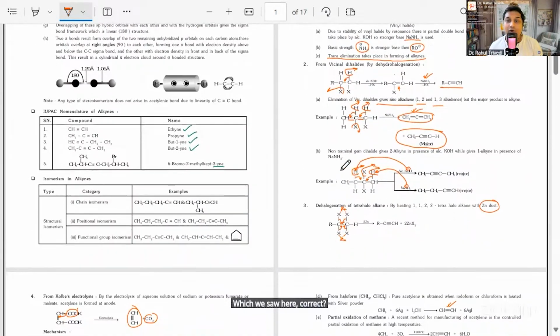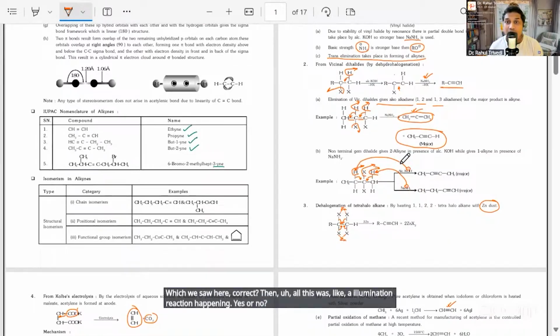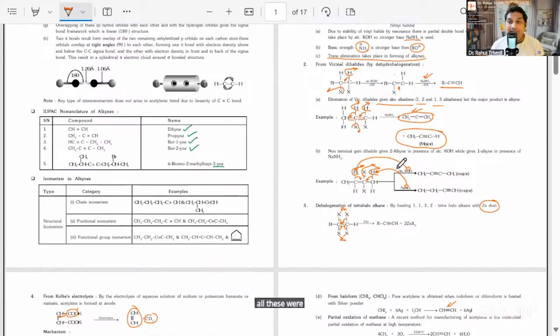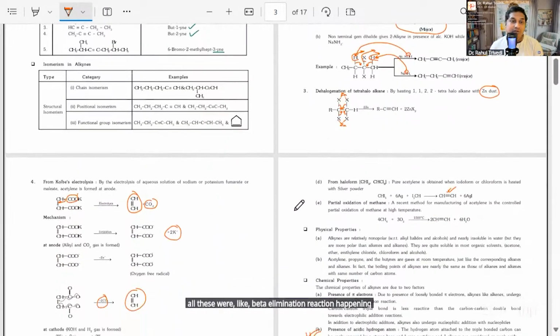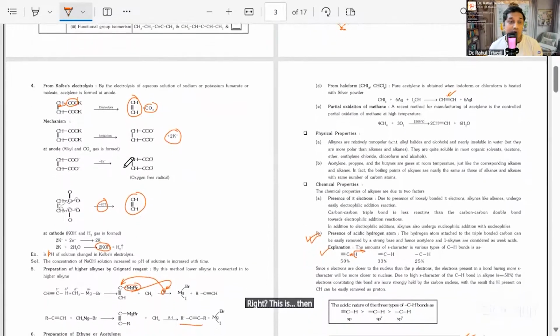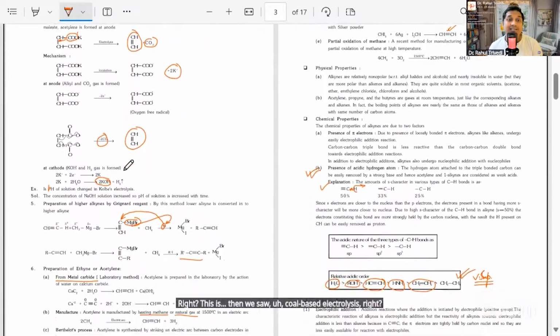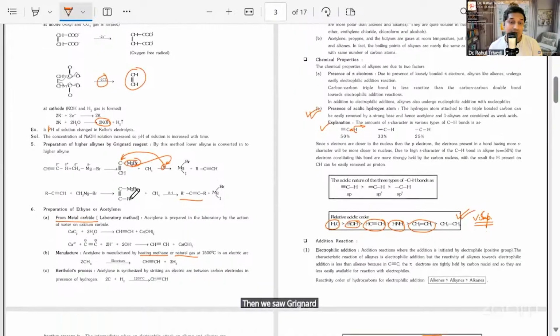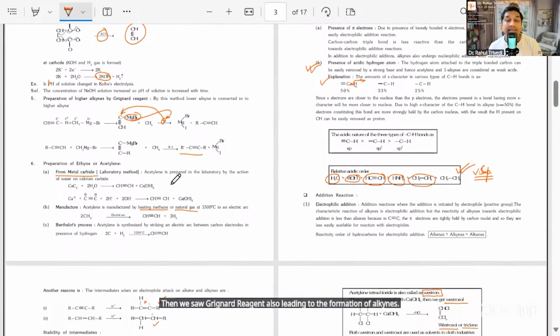Then all this was like an elimination reaction happening. Yes or no? All these were like beta elimination reactions happening. All that we saw. Fine. Then we saw coal-based electrolysis. Fine. Then we saw Grignard reagent also leading to the formation of alkynes. Then we saw few laboratory and industrial methods for preparation of only ethine, acetylene.